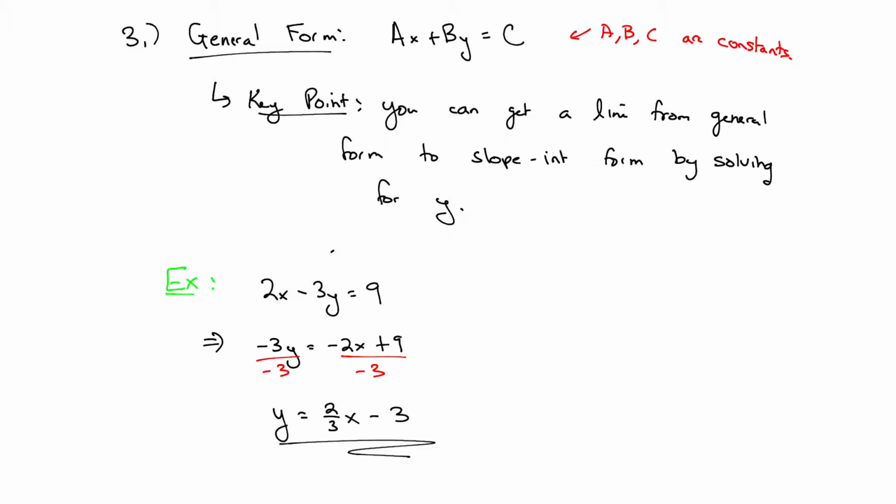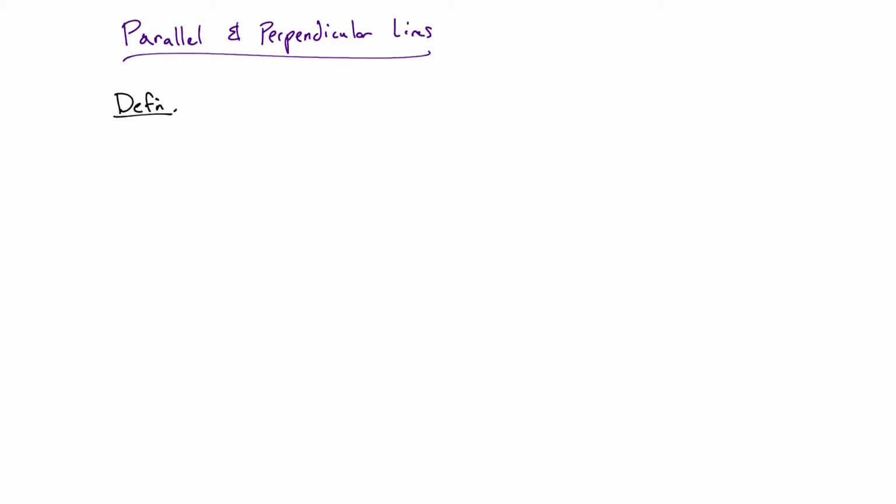Pretty soon, actually. So now that we know about lines and their different formats, we're going to talk about parallel and perpendicular lines. So let's talk about a definition. There's two of them.